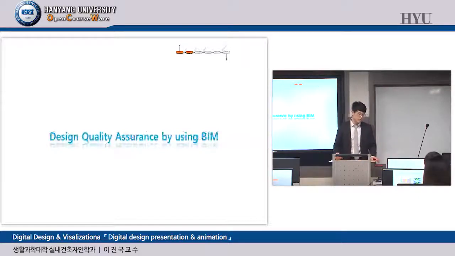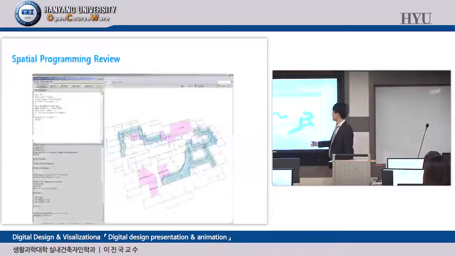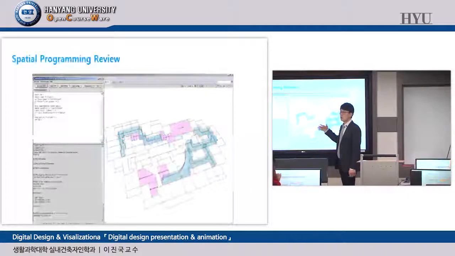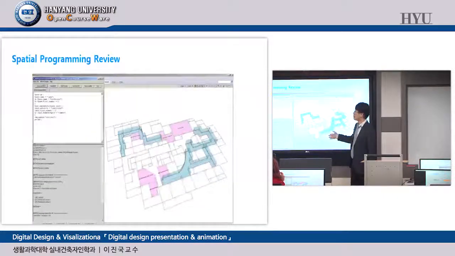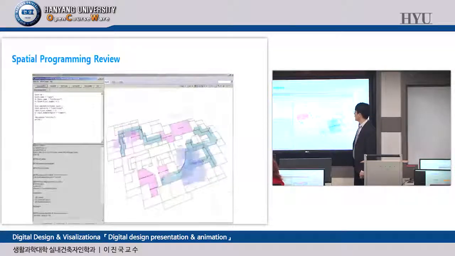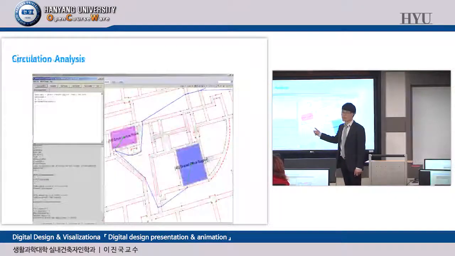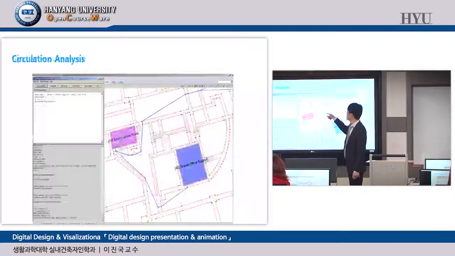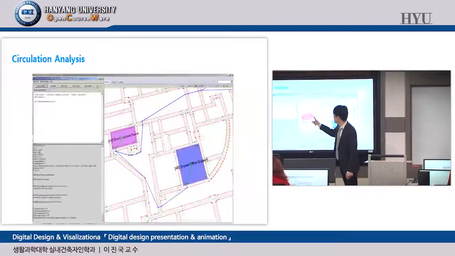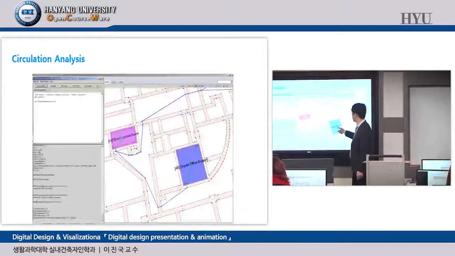Design quality assurance by BIM. So take a look at this example, floor plan and corridor visualization and office area visualization. We can take a look at the area, the spatial adjacency, and this kind of circulation. The blue line shows you the shortest distance between this small lecture room and this shared office support.